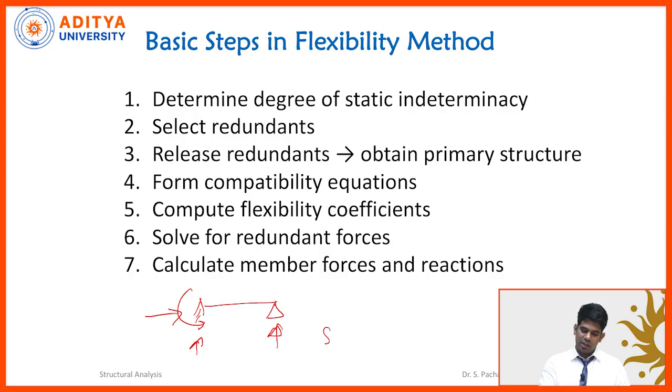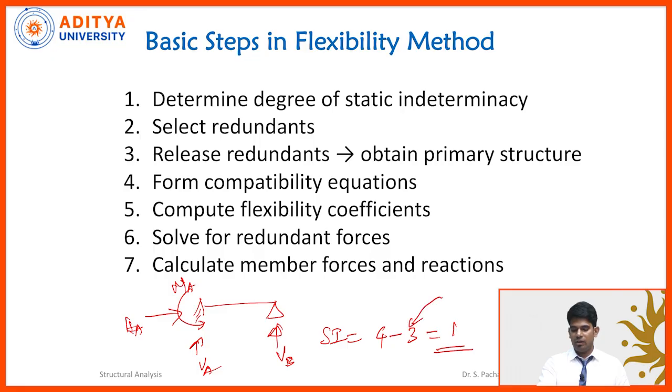So, totally the static indeterminacy is equal to the number of available unknown forces, which is 4, minus the number of available equilibrium equations, which is 3. So, the degree of static indeterminacy is 1. So, this is HA, moment at support A, and then vertical reaction VA and vertical reaction VB, totally 1, 2, 3, 4, 4 minus 3.